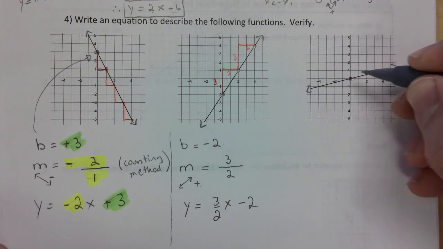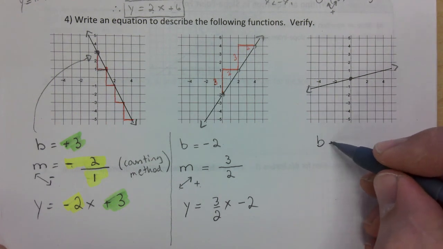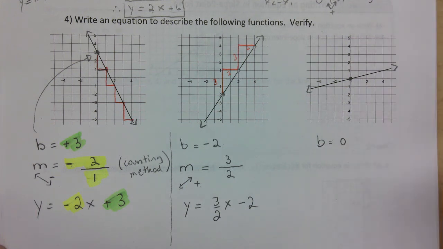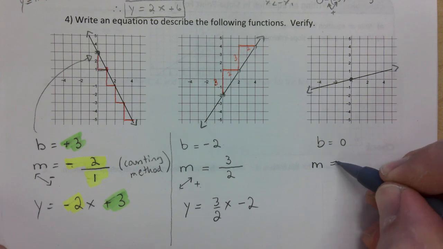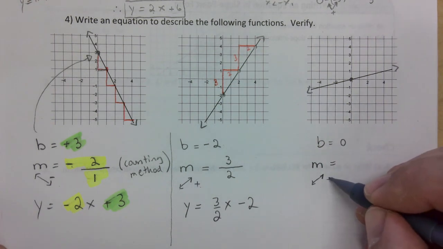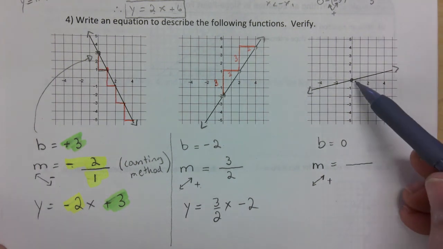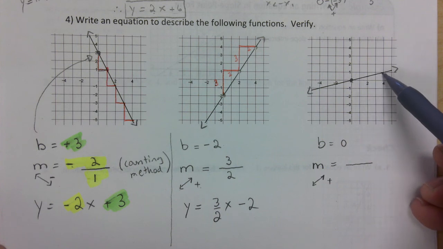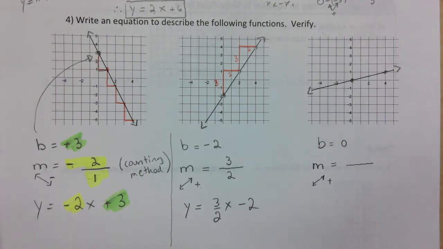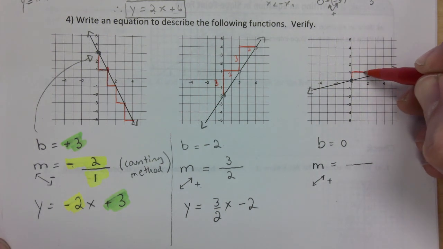Here, you always focus on where does it cross the y-axis, right? So b in this case is 0. My slope, I know this is going up, right? From left to right is going up, so I'm expecting a positive slope. Scan the line. There's another point right there. That's a good one. So it's up and over.